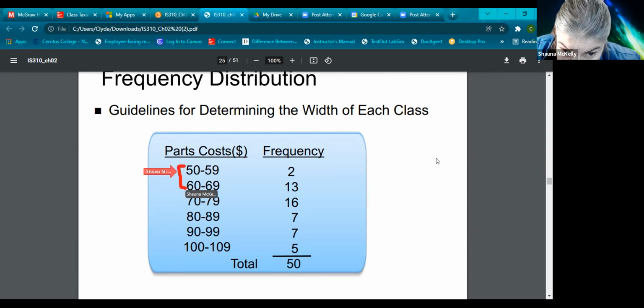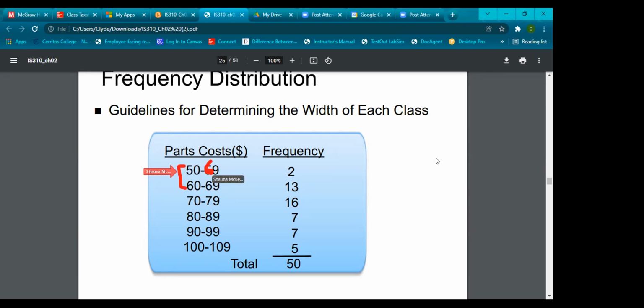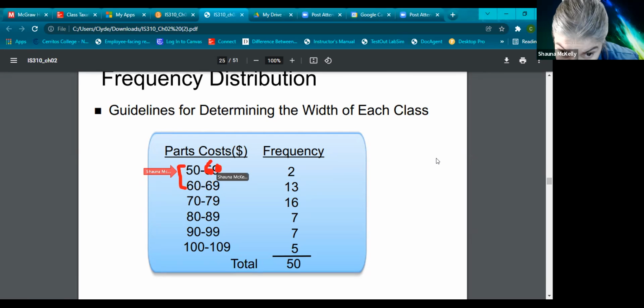So notice that this is 10 units, not over here. So 60 doesn't go here. 50 to 60, okay. It's to the next lower limit. So when you're doing it, the class width, which is 10, is from the lower limits. So from 60 to 70, from 70 to 80, and so on.